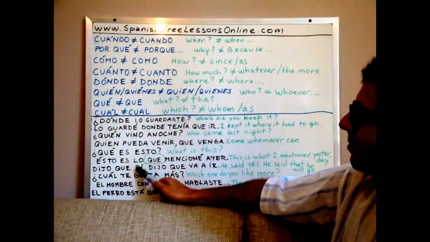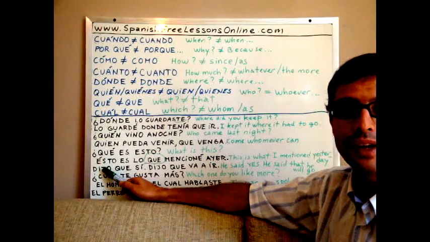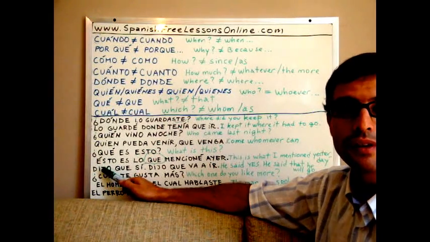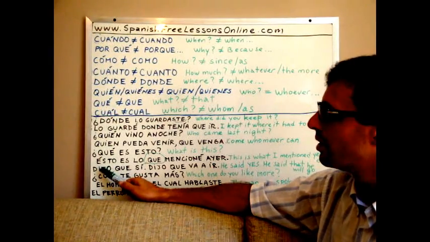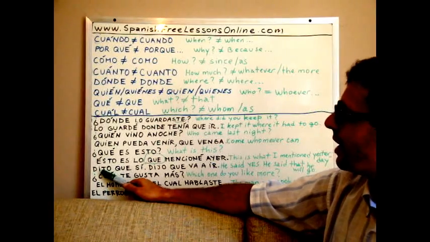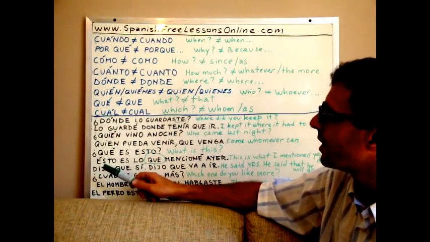Dijo que sí. Dijo comes from verb decir, or verb to say. But here it is conjugated in past tense for the third person of the singular, for he, she. Right? So this can be he said that yes, or he said yes. Okay?